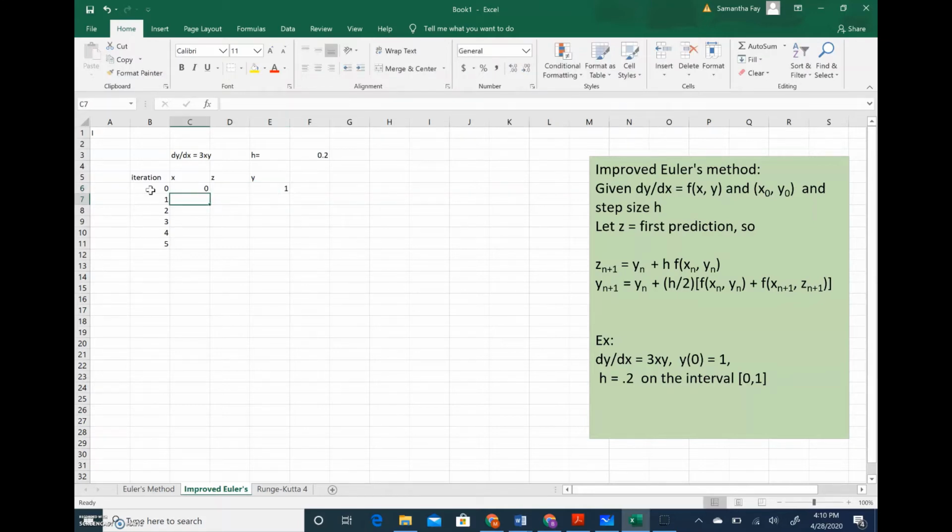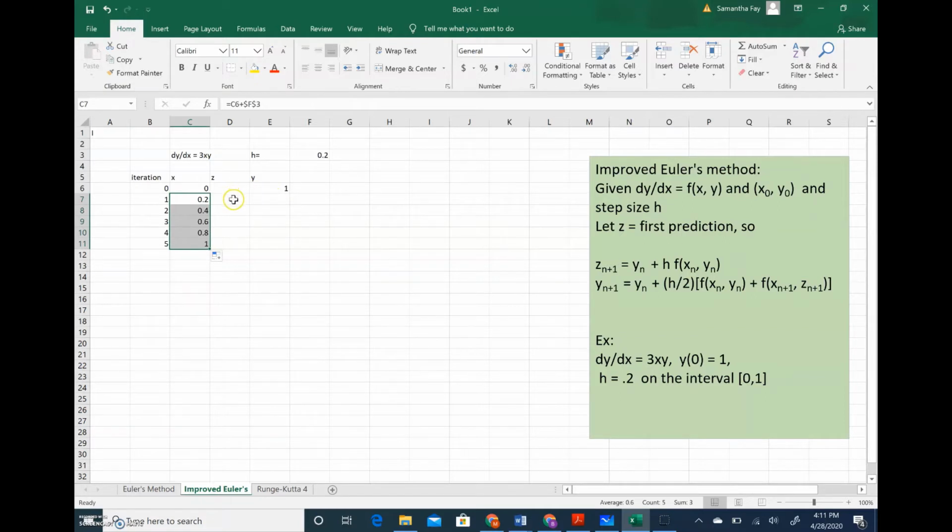Just like we did before, we're going to start with an equal sign. My x's are always going to go up by my step, so previous plus the step, but you have to do that F4 to get the dollar signs in there, and I can copy those all the way down.